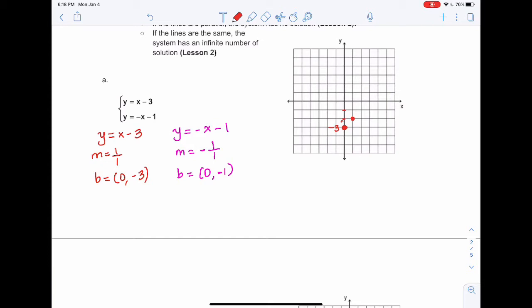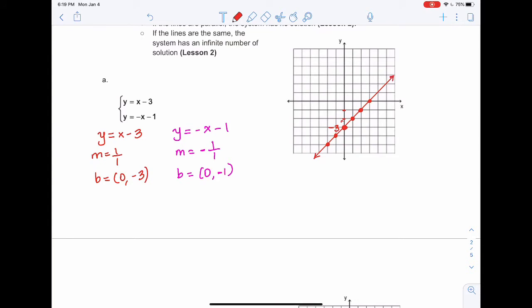And I can do the same thing in an opposite way: 1 unit down and 1 unit left. If I connect these points, my line will look like this.